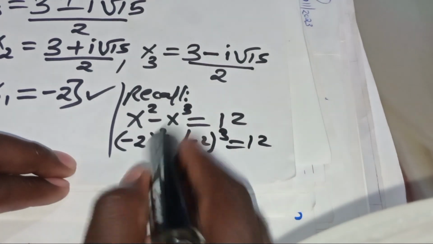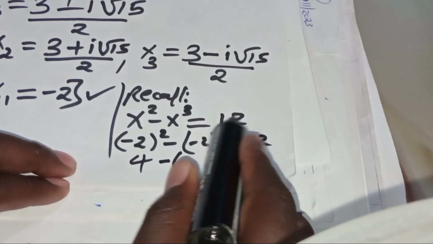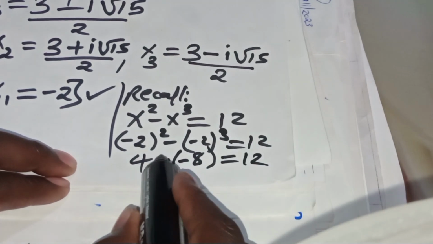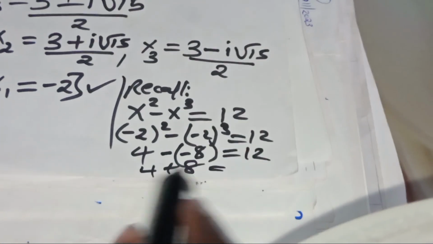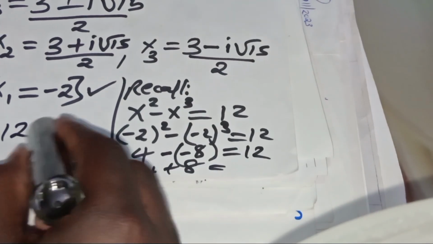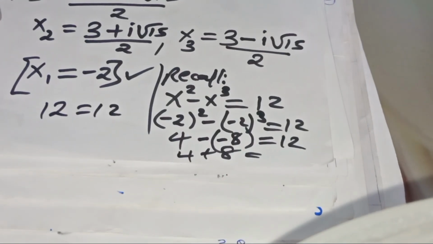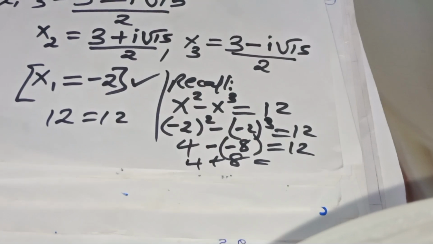So this is negative 2 squared, which is 4, subtract negative 2 cubed, this is negative 8. So this is negative times negative, this is positive. So that means 4 plus 8, this is 12. And that means that the left-hand side is equal to the right-hand side. And that shows that we have 3 solutions as we have calculated.